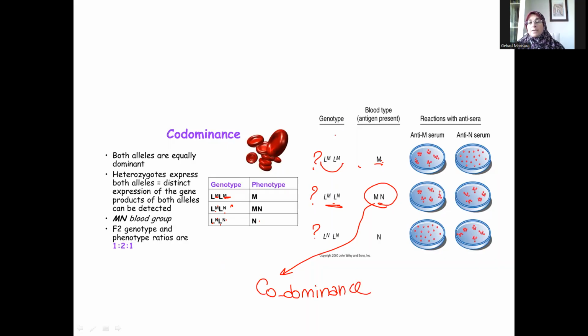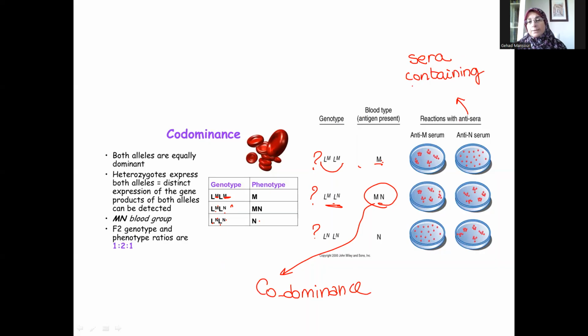Imagine now that I don't know what the genotype of my blood is, so I'm going to use anti-sera. Anti-sera are sera, sera being the plural of serum, containing specific antibodies.